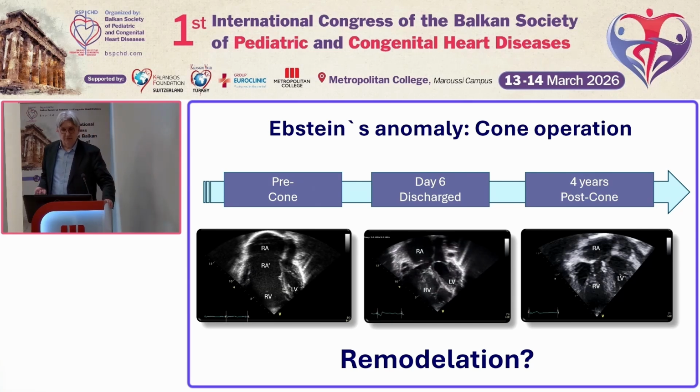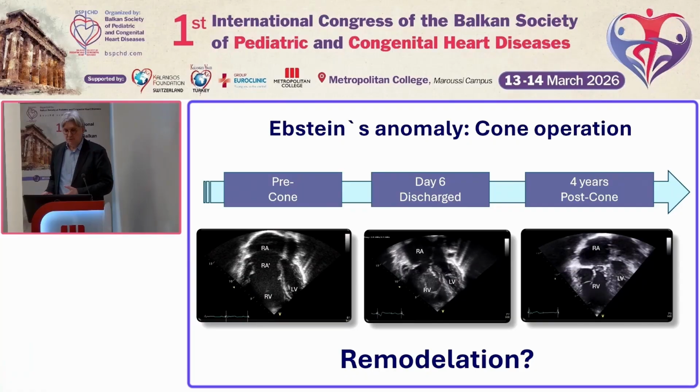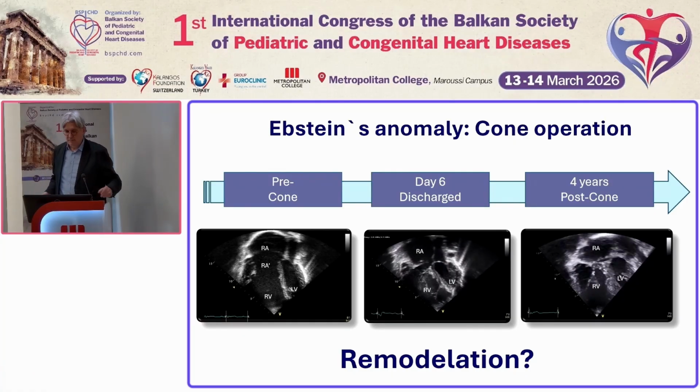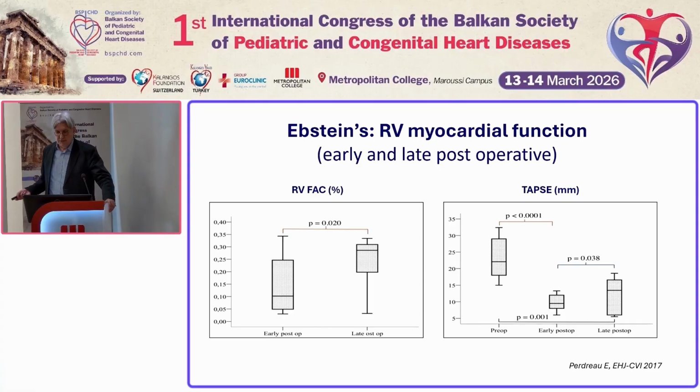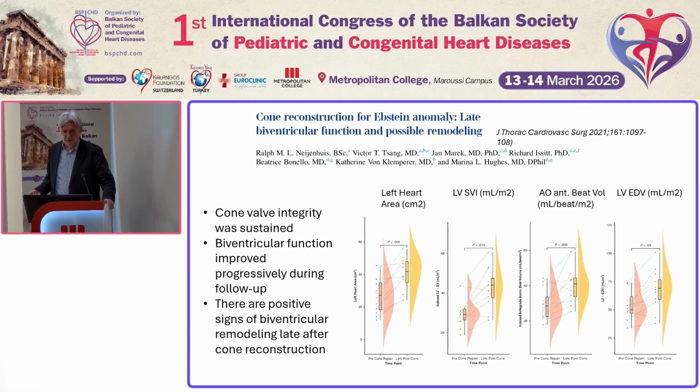Now you do the cone, the right ventricle is impaired, and 4 years later you see that the right ventricle is picking up. So it starts to contract, but even at 4 years after successful repair, you would still measure the right ventricle as impaired. We looked at that and confirmed, measuring the TAPSE, that TAPSE is getting better if we compare late to early post-op.